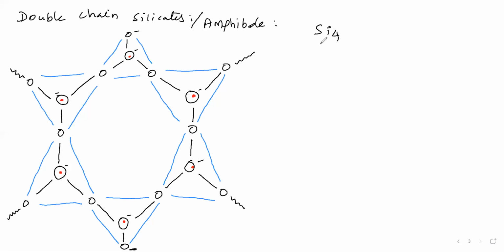Then oxygen we will see, first the full share. 1, 2, 3, 4, 5, 6. Full share is 6. Now the repeating unit is this, from here to here is the repeating unit for this double chain silicate.